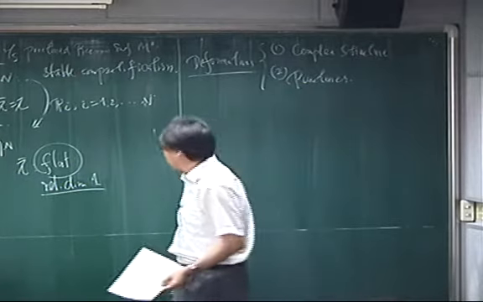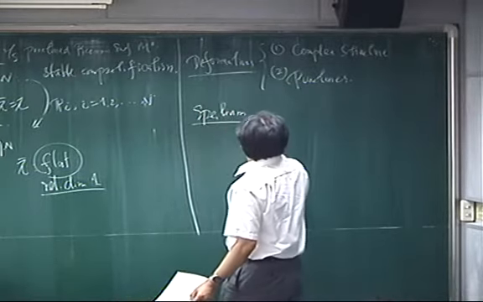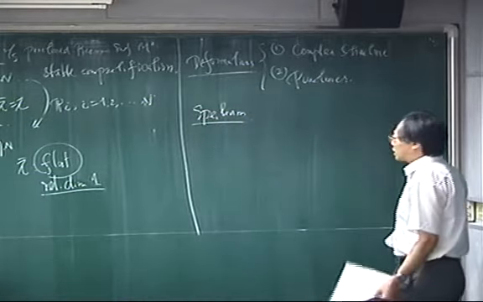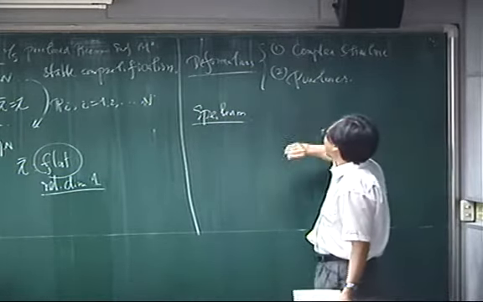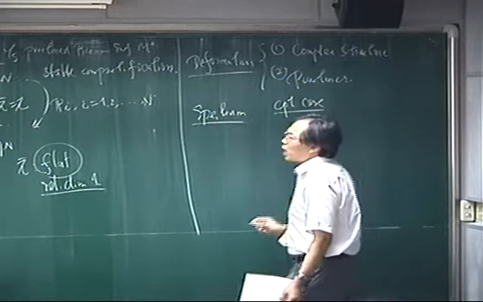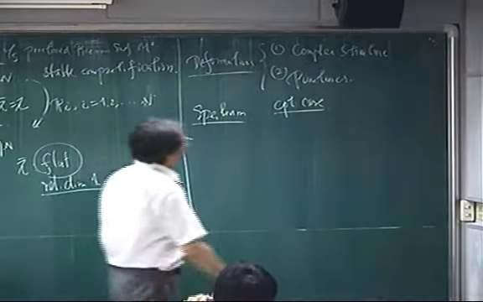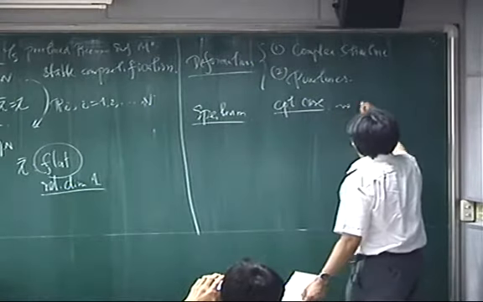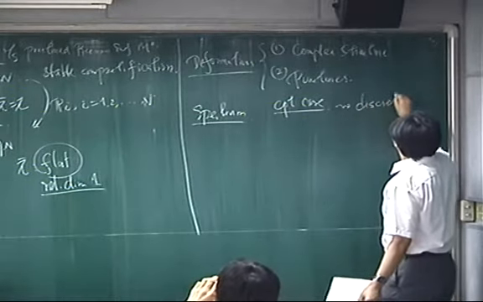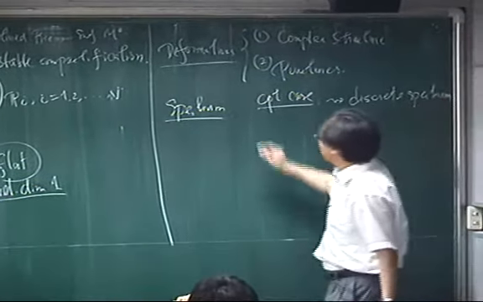And in terms of spectral theory, we know actually the complex structures, at least for the compact case, in other words, without punctures, this deformation of complex structures is measured by the so-called discrete spectrum of the Laplacian.